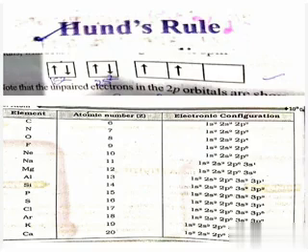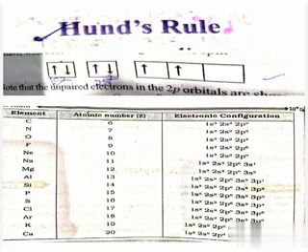Electronic configuration 1s2, 2s2, 2p6, 3s2, 3p6. After 3p, into which orbital does the electron enter? After 3p, the electron enters the 4s orbital, not 3d. Why? Because electrons enter the orbitals in the increasing order of their n plus l values.